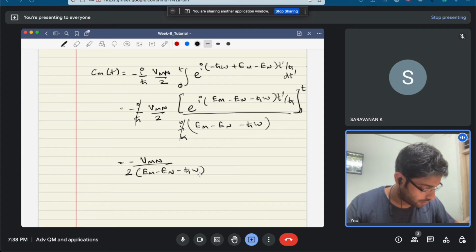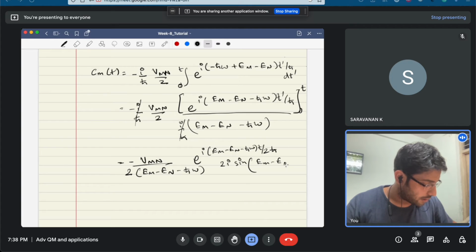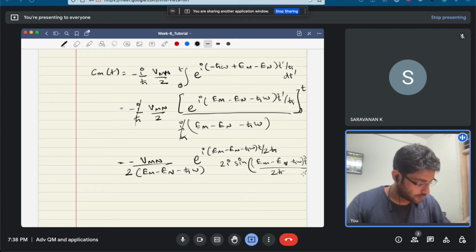You take out half of the exponent, and you essentially are left with sine of (Em minus En minus h bar omega) t by 2 h bar. Okay, and these 2 also get cancelled out.